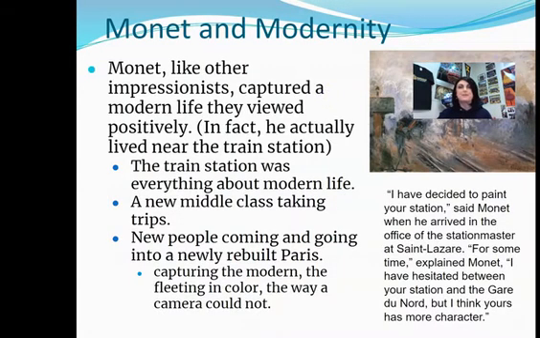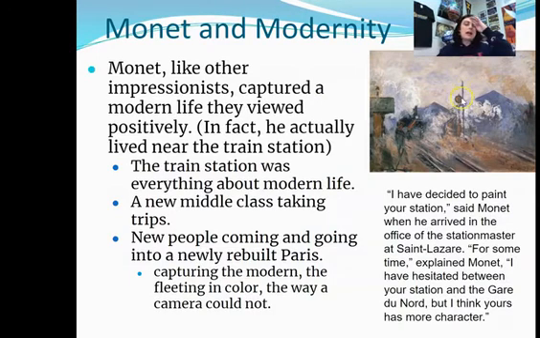So Monet and a lot of the Impressionists were kind of over the negativity of a lot of these other movements, like Romanticism and Realism, which were just kind of heavy. So Monet liked to just celebrate modern life. They didn't view it as a negative thing.